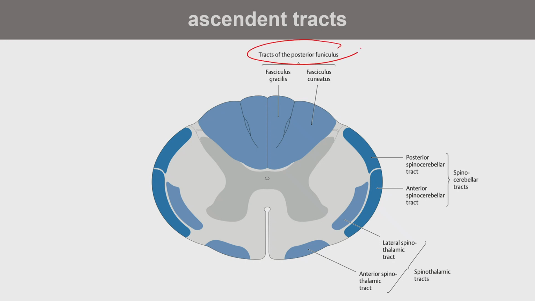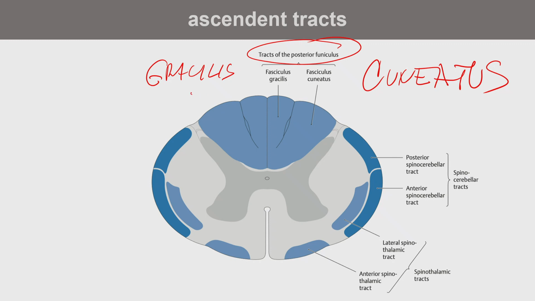Tracts of the posterior funicle are gracilis and cuneatus. Gracilis is medial, and it is related to the lower extremity. And cuneatus is localized more lateral, and it is for the upper extremity.